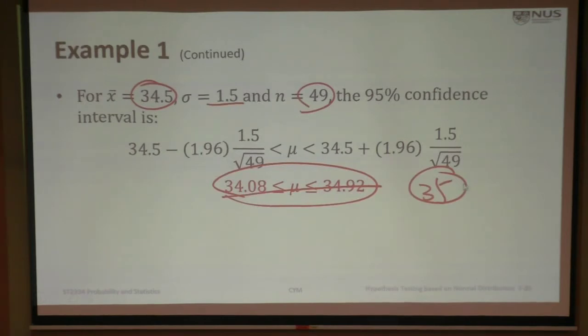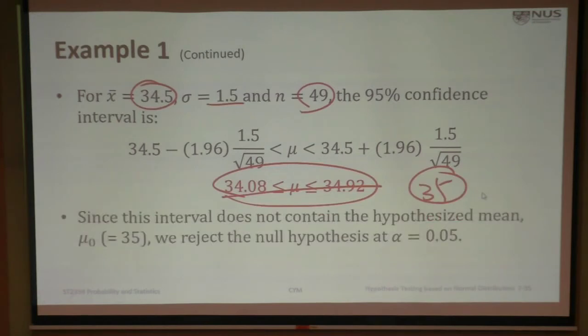So in other words, we believe that mu does not equal 35, because the confidence interval does not cover the hypothetical mean under the null hypothesis, which is 35. So we reject the null hypothesis. In other words, rejecting the null hypothesis in a two-side alternative is the same as checking whether the confidence interval covers the hypothetical value in the null hypothesis.